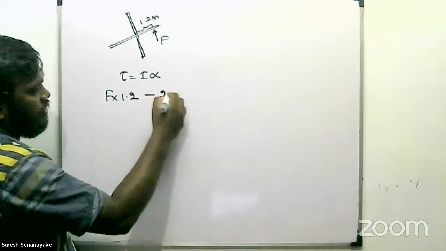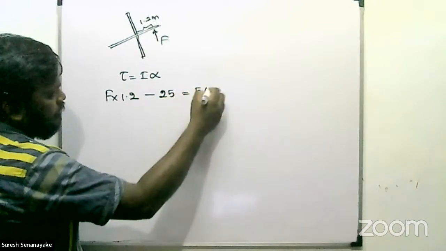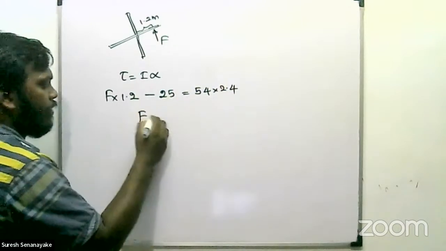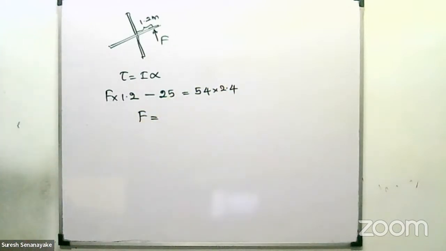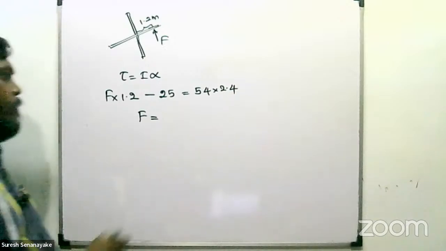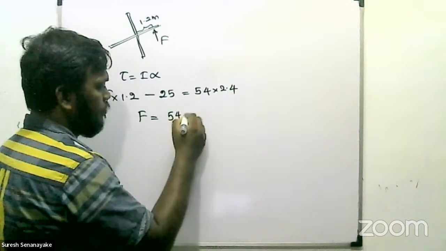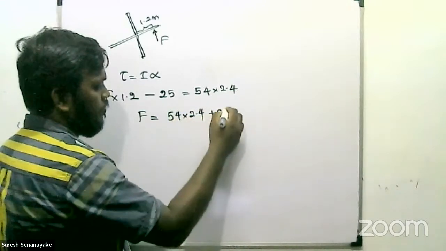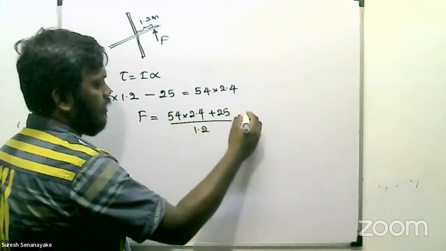The frictional torque is 25. The I is 54 and alpha is 2.4. Then you can calculate F, in newtons.